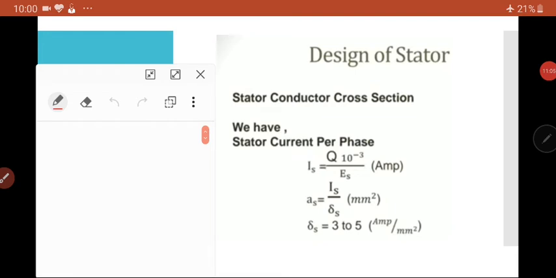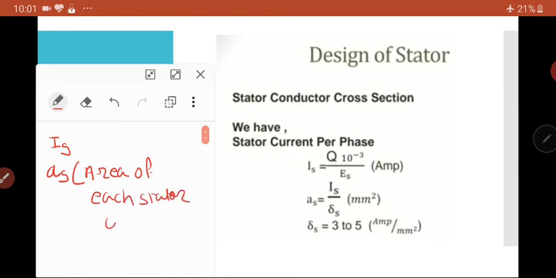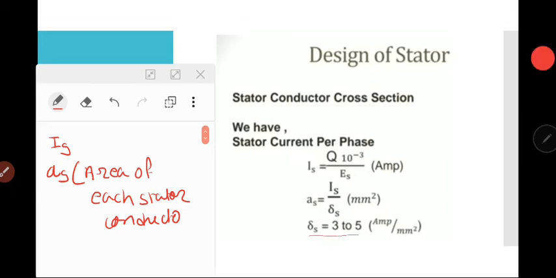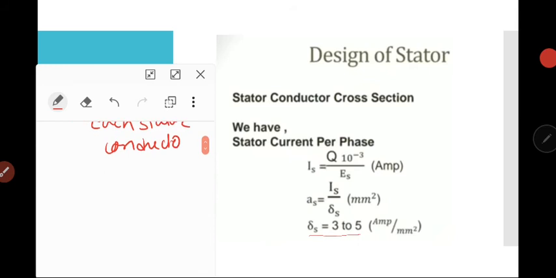The value of is is given here, and the equation for as, as we discussed, stands for the area of each stator conductor. Then we will also discuss del s, which is considered between 3 to 5.